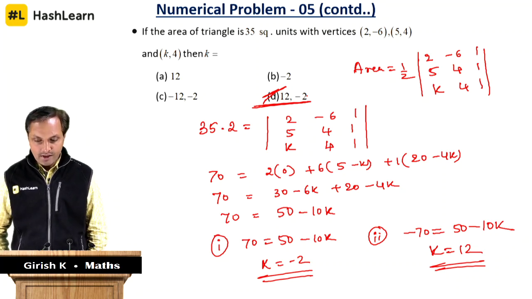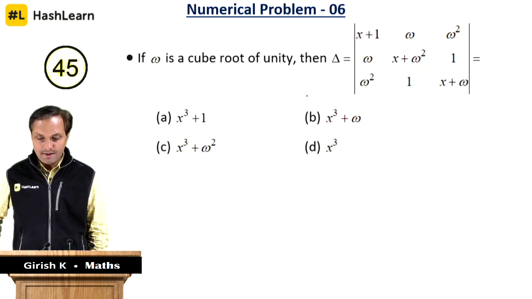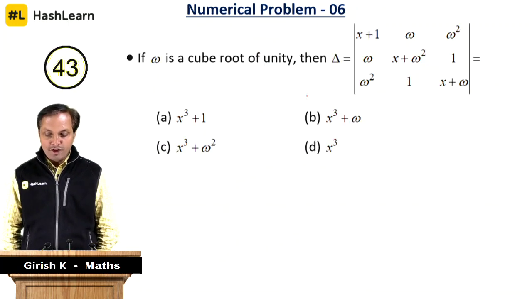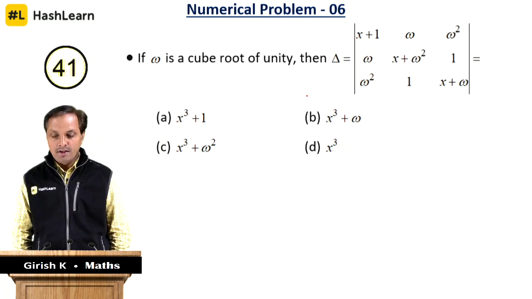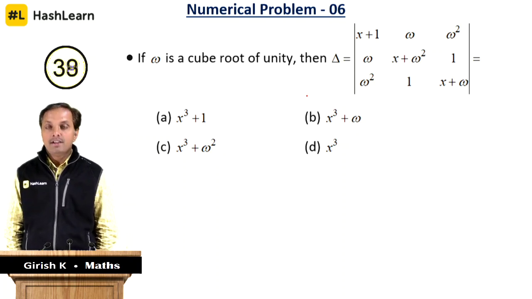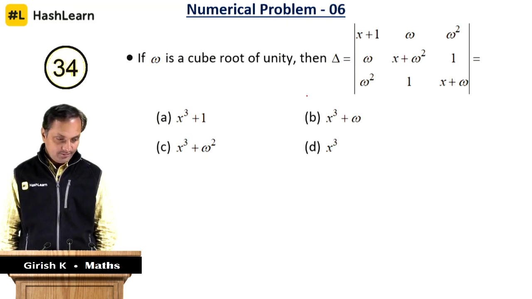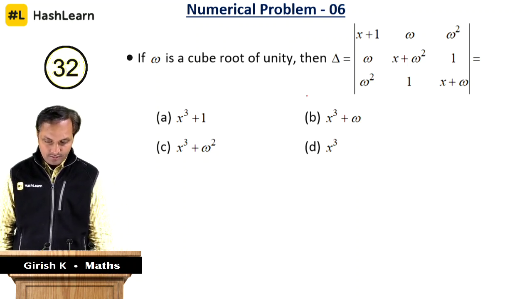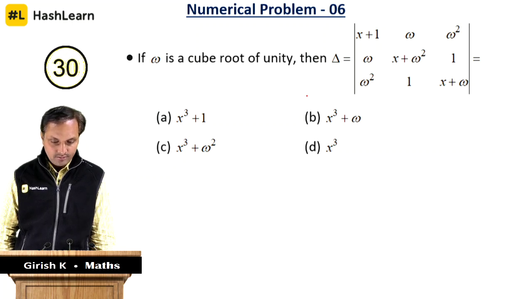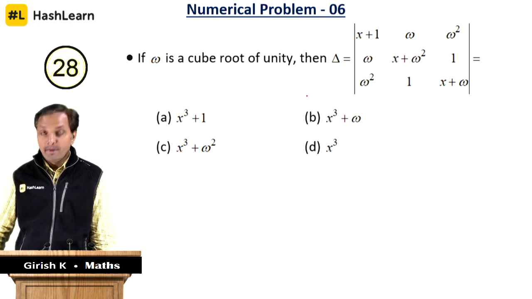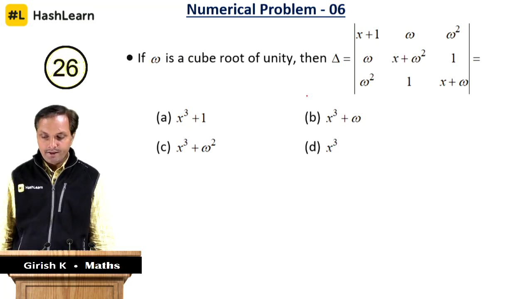So get ready for the next numerical number 6. Here is the problem with 45 seconds. Omega is the cube roots of unity. Then what is the determinant of the terms given there? Omega is the cube root of unity.